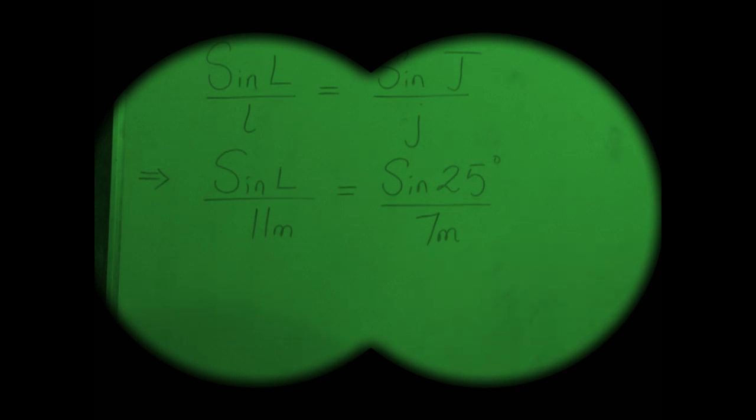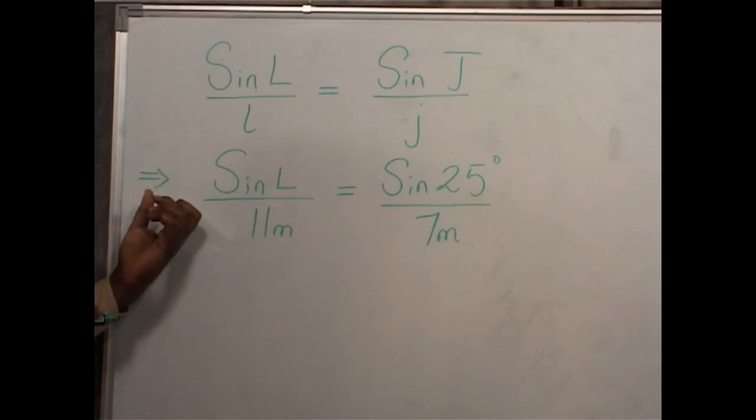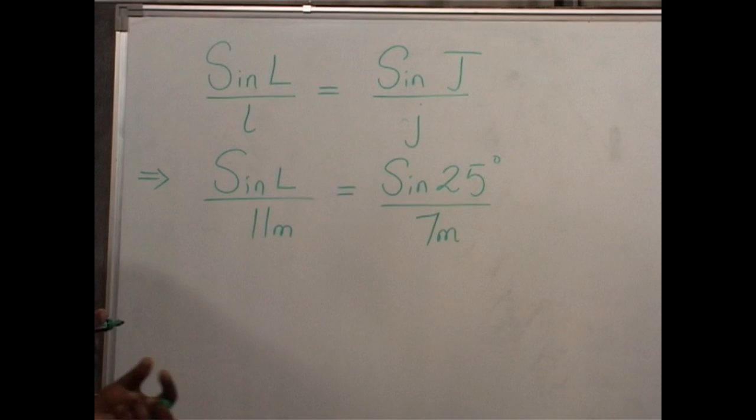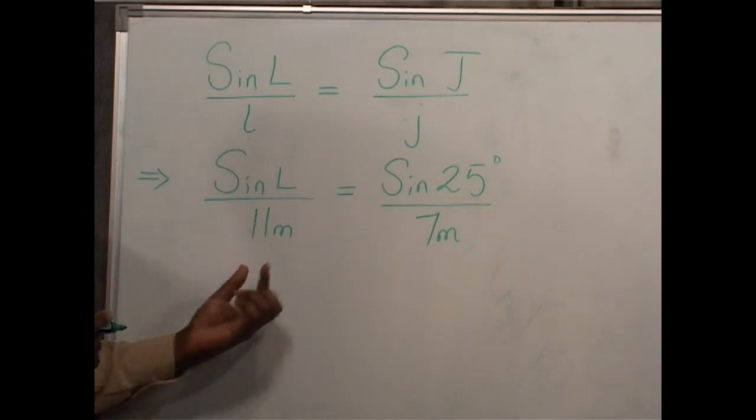As usual, we have to make the sine of L stand out alone, so we need to multiply both sides of the equal sign by 11 meters.